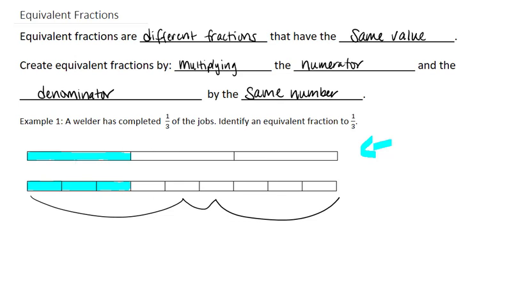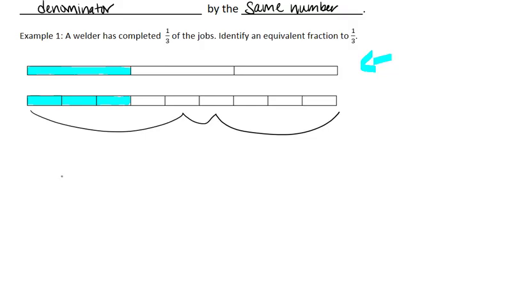So if we were to actually show this with numbers, what does this look like? What we would do is take 1/3, and now we have 9. We have 3 here, and all we did was multiply this fraction by 3 over 3. So we multiply the numerator by the same number as the denominator.